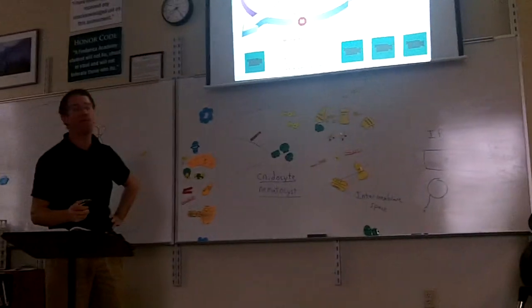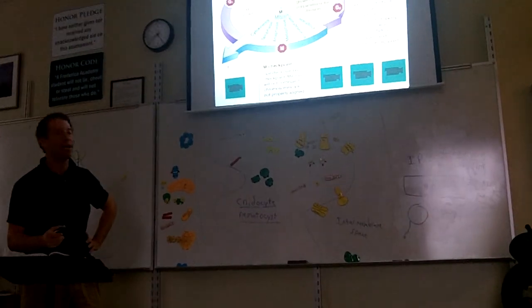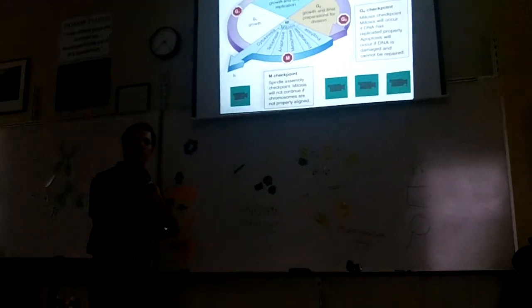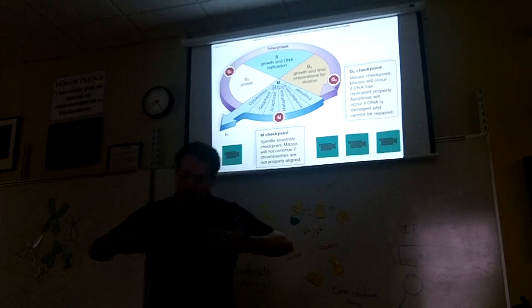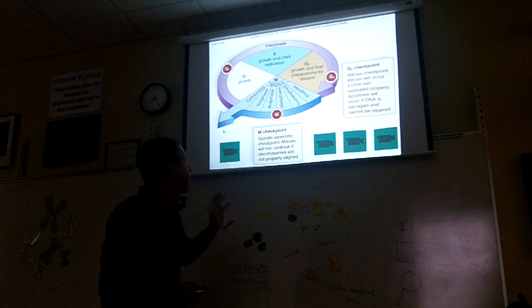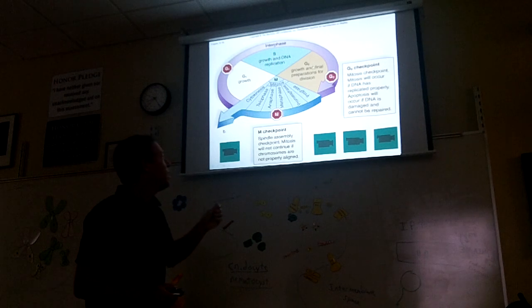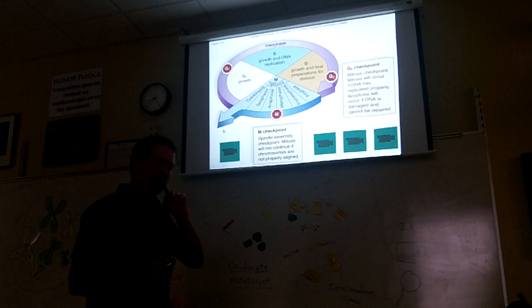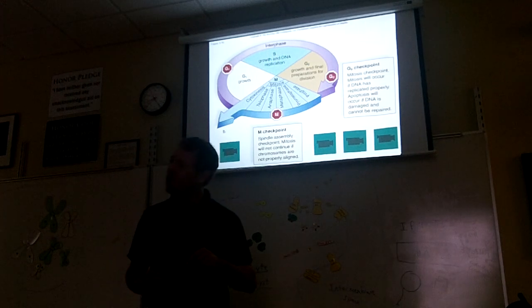So after the S phase, where the DNA has been copied, then you go to this G2 phase, and the G2 phase is some final preparations for cell division. There's some proteins that have to be made. There's some organelles that have to copy themselves, like the centrioles. Do you remember the centrioles in an animal cell?